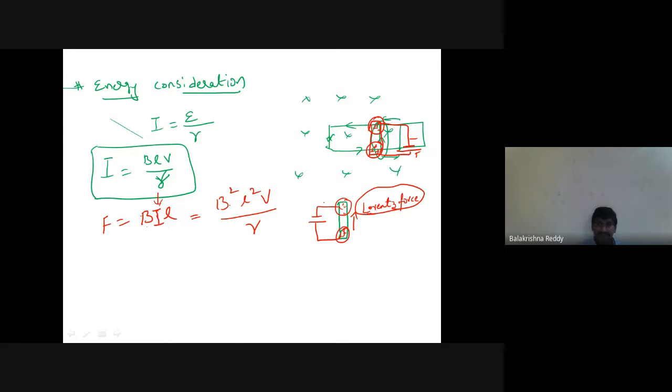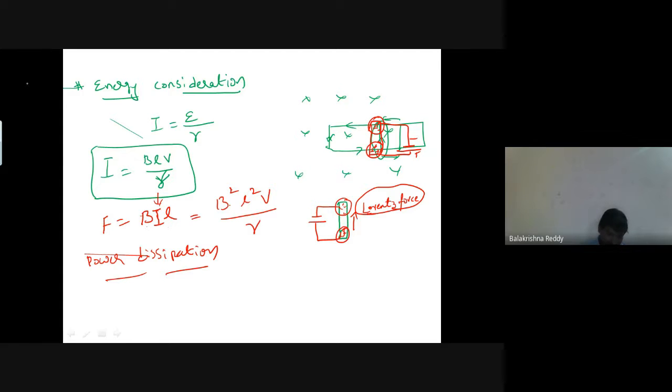Since resistance is present, as I said just now, power dissipation takes place. Power dissipation means some amount of energy is wasted in the form of heat because of the resistance.